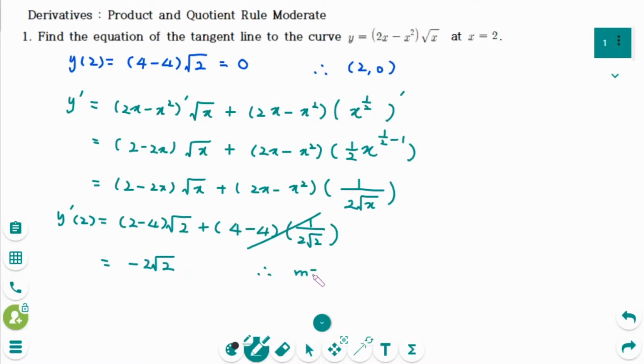So slope is minus 2 square root of 2. Use the slope point form. y minus 0 equals minus 2 times square root of 2 times (x minus 2). Therefore, y equals minus 2 square root of 2 x plus 4 square root of 2.